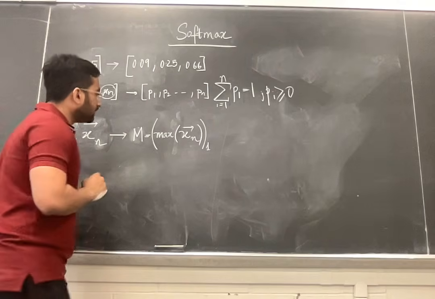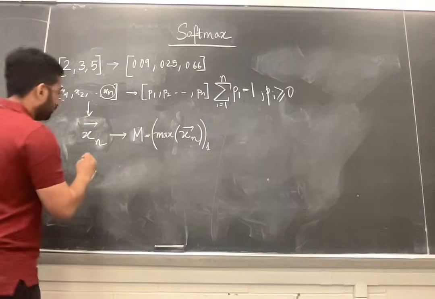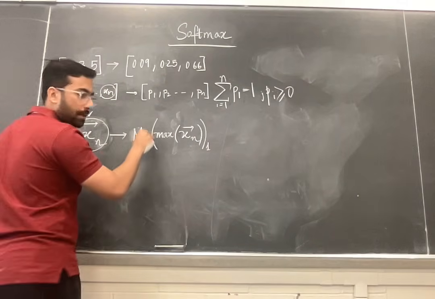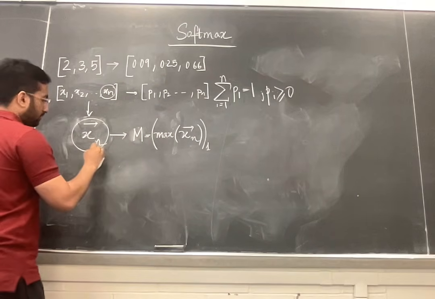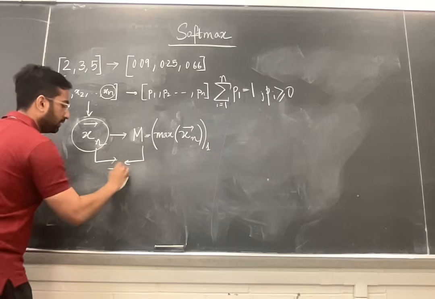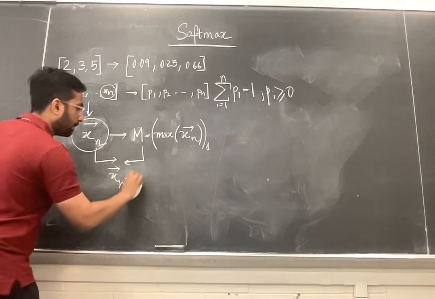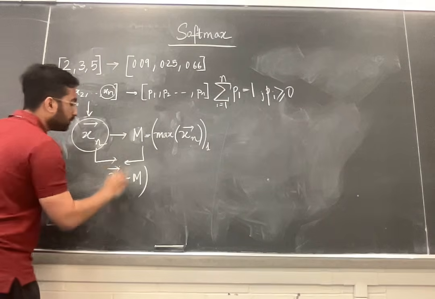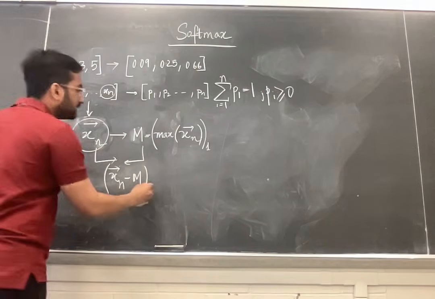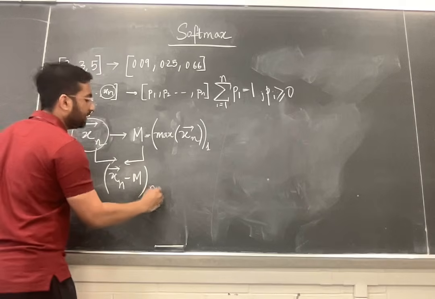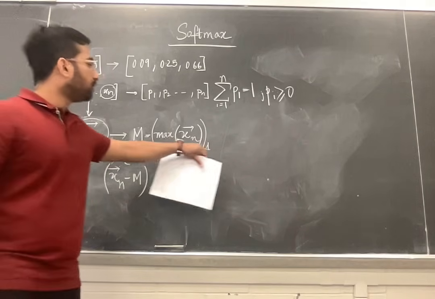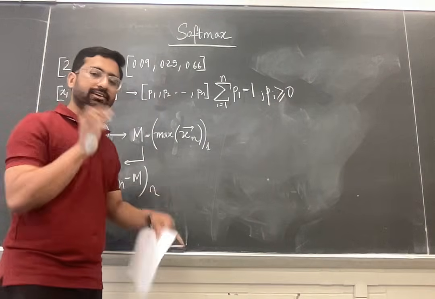So what we do here is subtract m from x, the vector of dimension n. If you remember, each of the elements should be subtracted by m. So you can see, how can you subtract a one-dimensional scalar from an n-dimensional vector? You cannot.